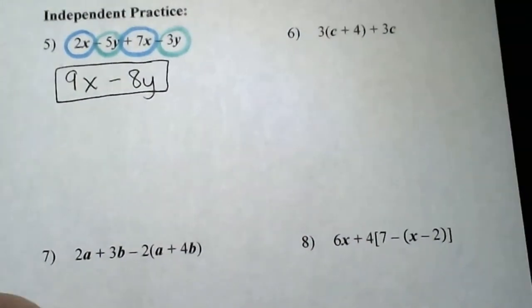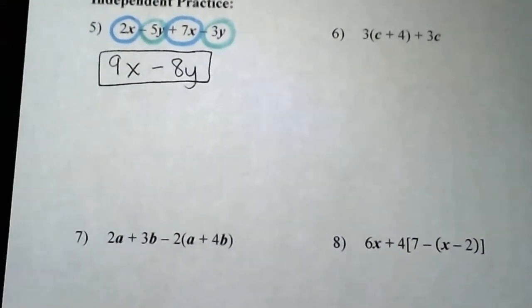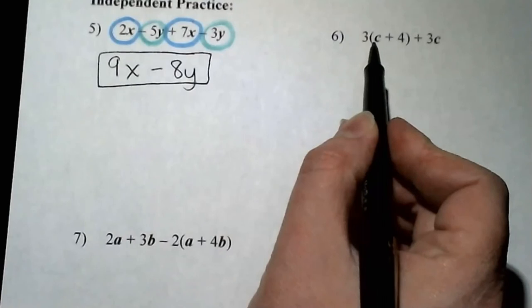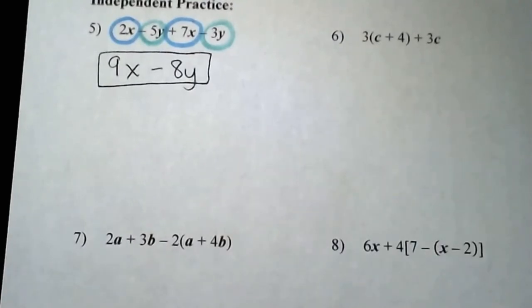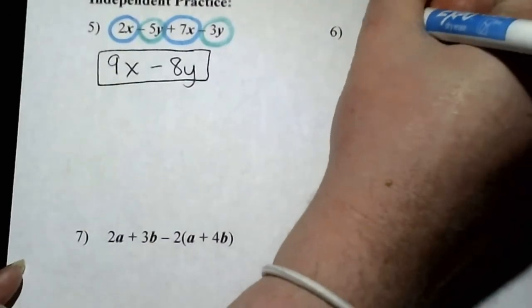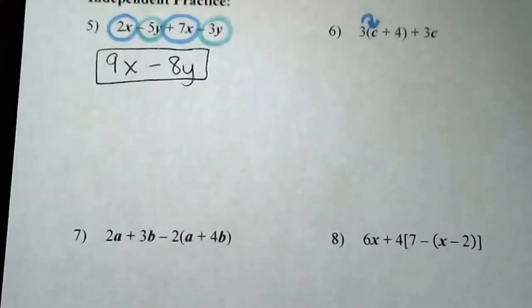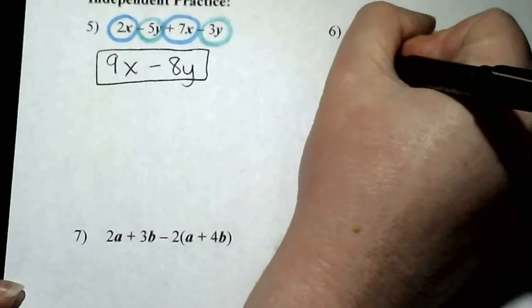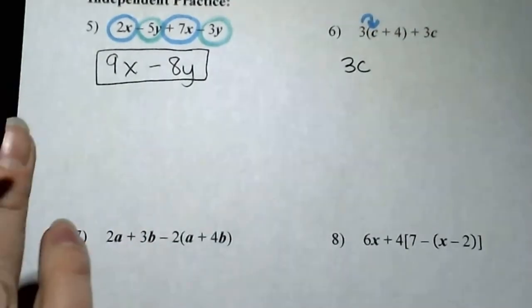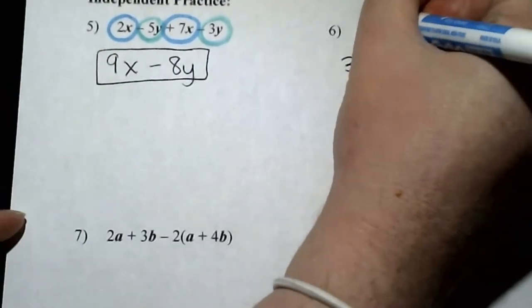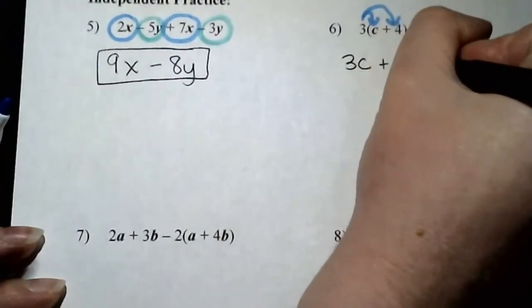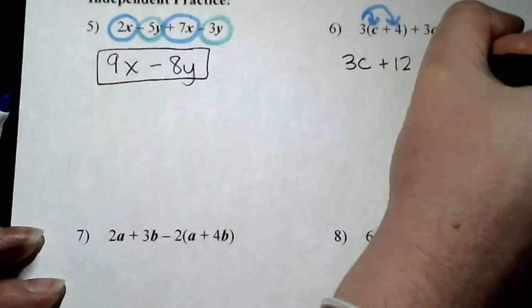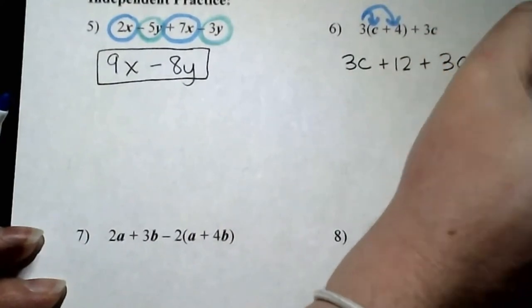On to number 6. I see parentheses, but inside I cannot combine anything, so I'm going to distribute the 3 to clear out the parentheses. 3 times c is 3c, and 3 times 4 is 12. That'll clear out the parentheses. I'm going to bring down the 3c back because that's not inside.